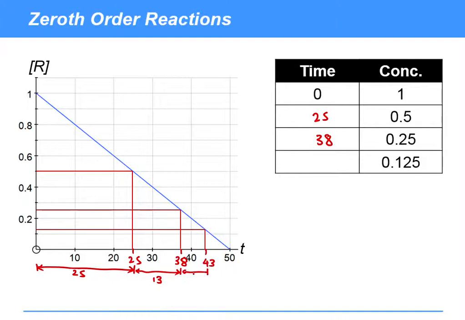It's only taken there around about 5 seconds to happen, so it's 43. And so what we've got happening here is a decreasing half-life over time. Now, if you were presented with this reactant concentration against time graph that's a straight line, you should immediately be thinking, well, that's a zeroth order reaction. But this relationship will help to concretize it.